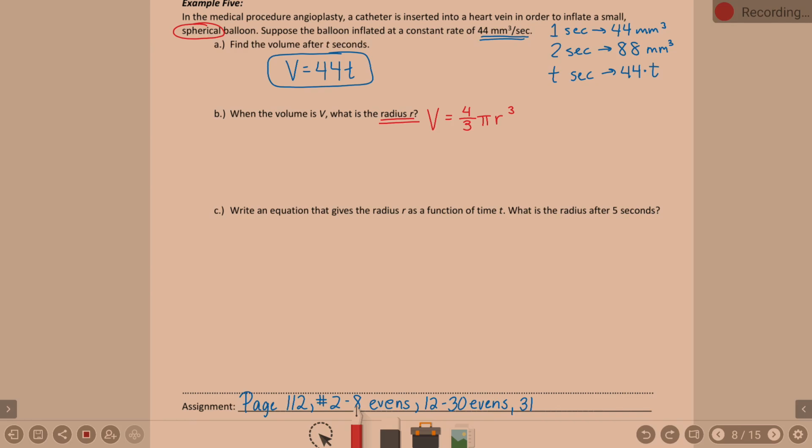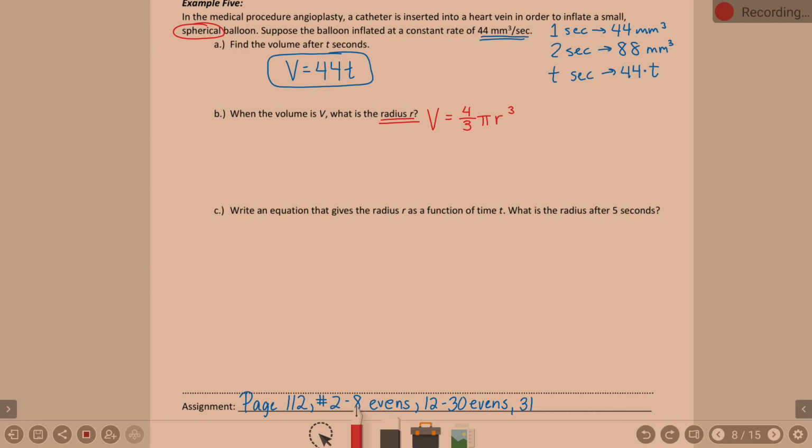Not yet. Hold that thought. I think that we'll talk about that on part C. Right now, I just want to know when the volume is V, so we want to leave it in terms of V for the moment. How do I solve for r and get r by itself right now?